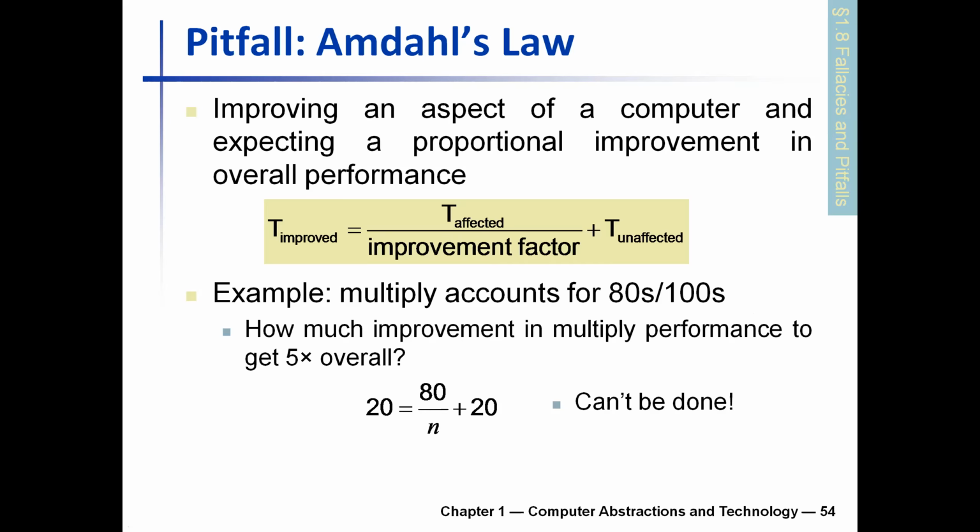Can we do that by only improving the performance of multiplication operations? No. Then we need to get rid of the time that's taken by multiplication entirely, and leave the remaining 20 seconds as it is, and end up with 20 seconds overall time. And that can't be done, right? Because multiplication is part of this program. So that is what this pitfall is all about.